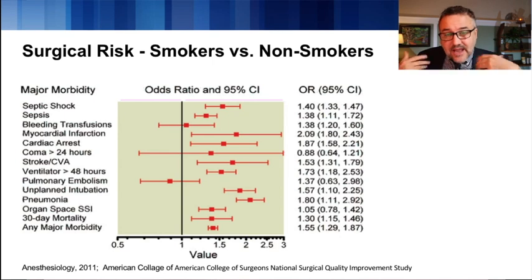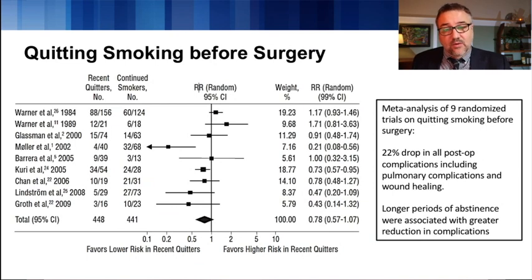And then the next question, of course, that comes up is what if people quit smoking? Does that go away or not? The short answer is about 50% of that deficit goes away. Here's a meta-analysis of 9 trials looking at quitting, and the mean time that we're looking at is about 3 weeks of quitting.